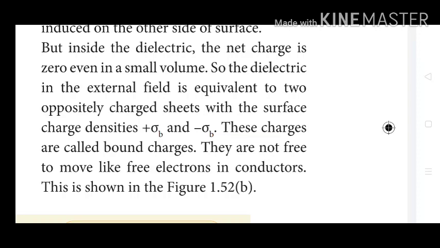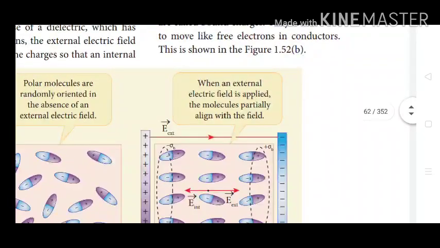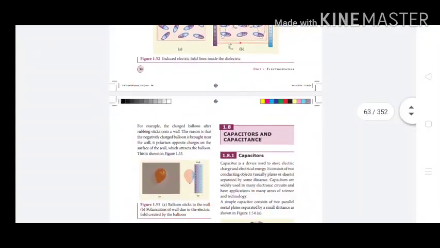So a dielectric in the external electric field is equivalent to two opposite charge sheets with surface charge densities plus sigma and minus sigma. These charges are called bound charges. They are not free to move like free electrons in conductors. See children, the diagram; you should understand this mechanism of dielectrics.